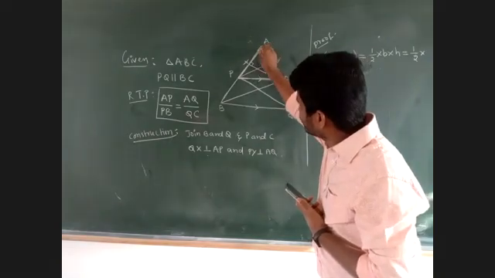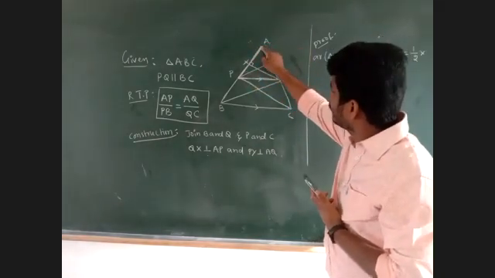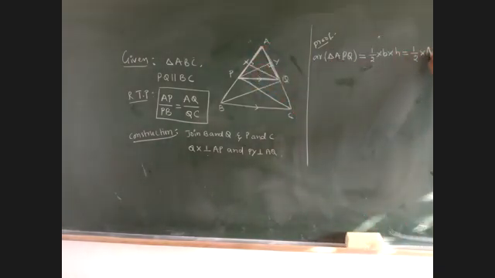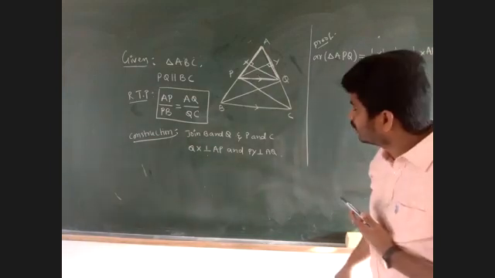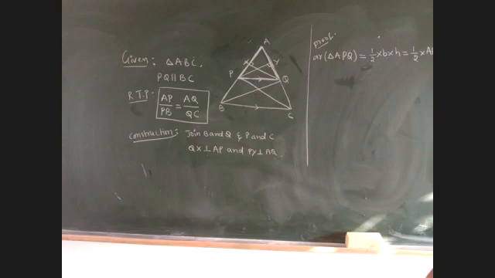In this triangle APQ, base equals AP. And what is the height? QX. Let us consider this as equation number 1.